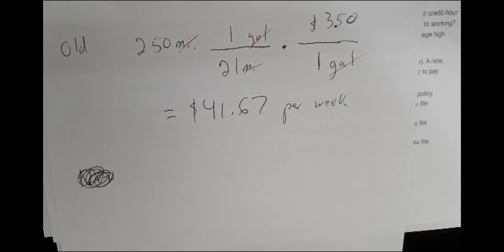Professor, my calculator keeps saying 41.6. Yeah, it's 41.6 repeating, so I rounded it up to 41.67. Oh, okay. Times it by 52 and then times it by 5.